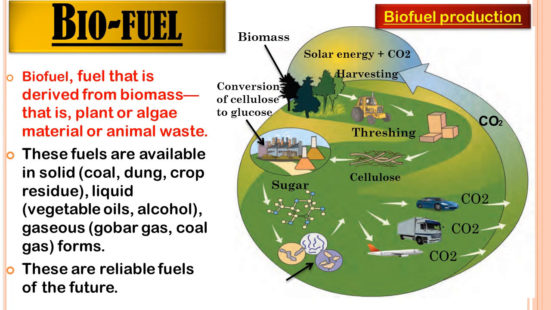That means complex compounds are converting into simple form. And here you can observe liquid fuel production through fermentation, where microorganisms are used for the fermentation process. That means the breakdown of glucose into carbon dioxide, and you can observe emission of carbon dioxide from vehicles also. So this is biofuel production.